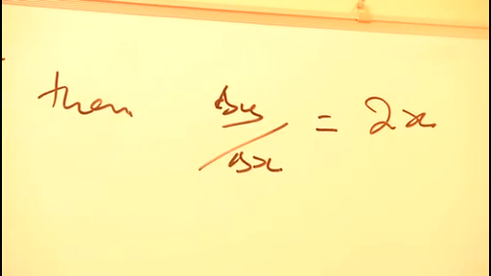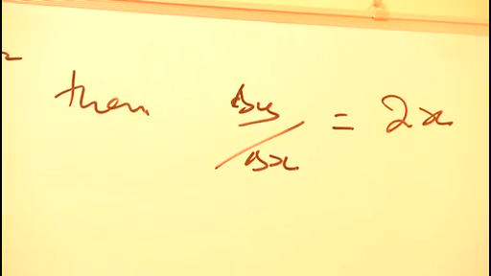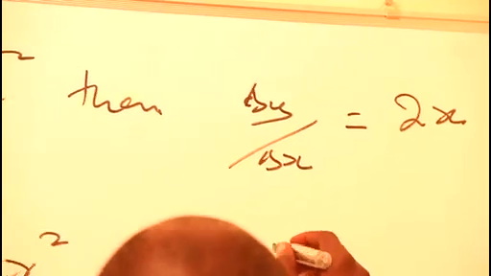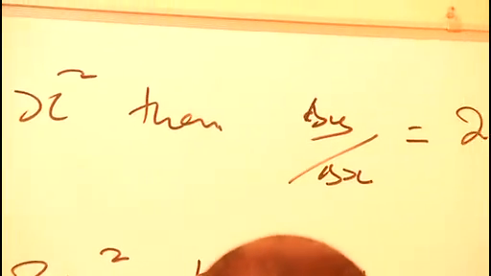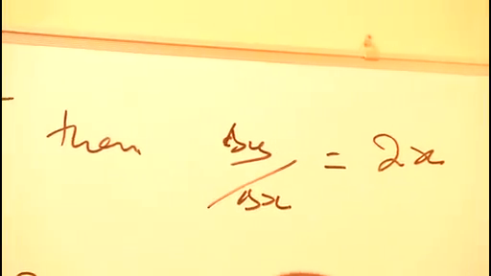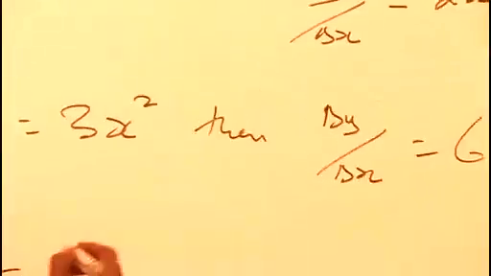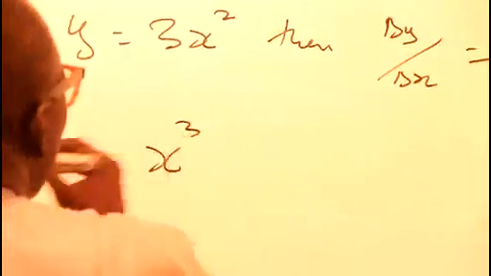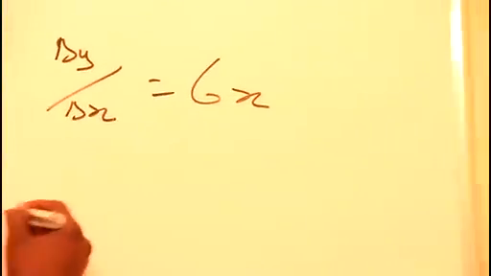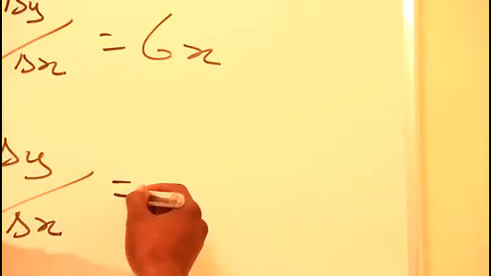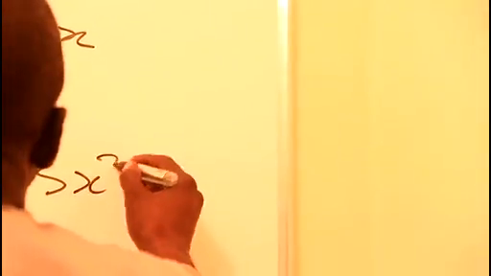Similarly, if y is equal to 3x squared, then dy over dx will be equal to 6x. If y is equal to x cubed, then dy over dx will be equal to 3x squared.